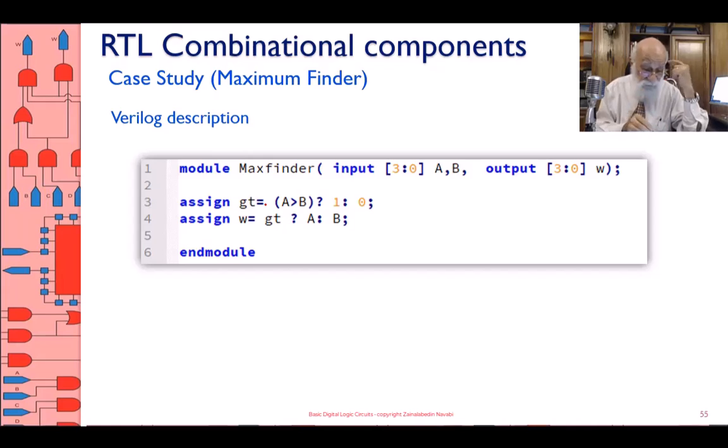The first assign statement says GT equals: if A is greater than B, then 1, otherwise 0. So I have a wire called GT, and I'm using GT as the condition for the next conditional operator that comes on line 4, which says that if GT is 1, take A, otherwise take B. Okay, this works. This is fine. You don't like this order, you want to put this on top of this, that's fine.